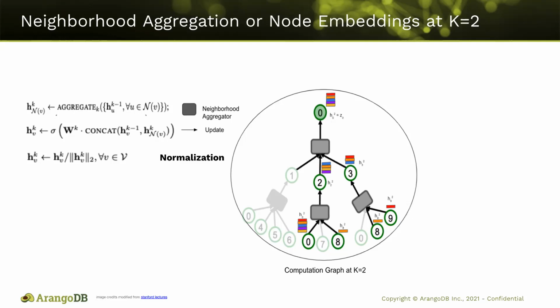Since we have set the value of k equals 2 for understanding the flow of GraphSAGE, we will stop here. After k equals 2, each node in the computational graph is represented by its respective final node embedding, that is z of v.